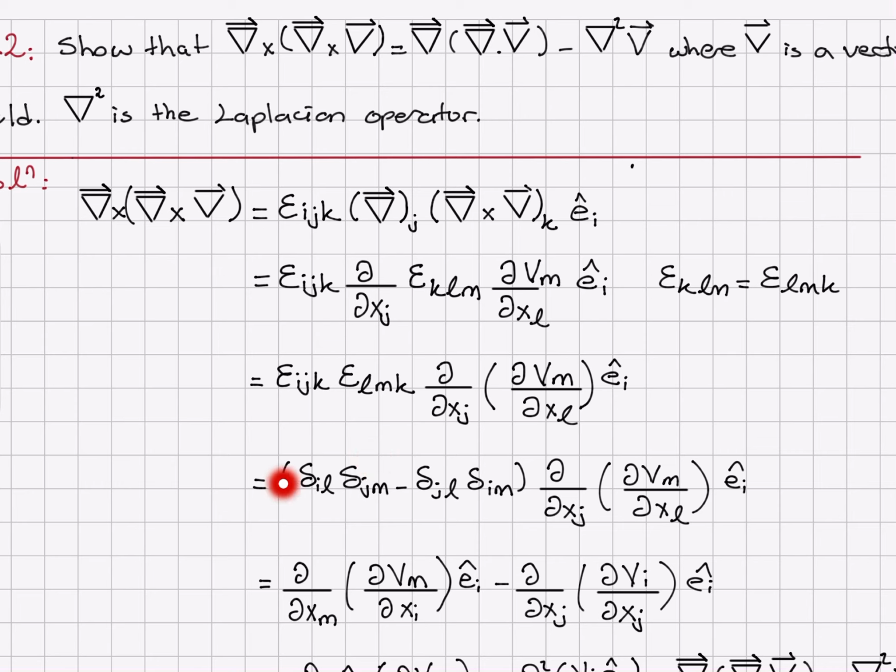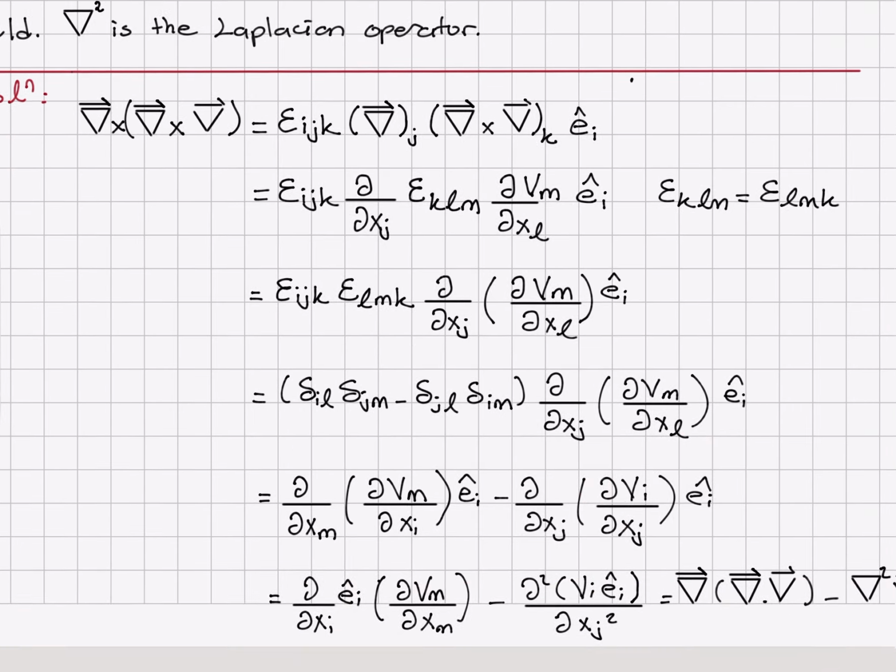The first term tells me J's will be replaced by M. So this will be del xm, del Vm, and then L's will be replaced by I, del xi, ei hat, minus, then I will have L's replaced by J. So del xj, M's replaced by I, del Vi, del xj, ei hat.